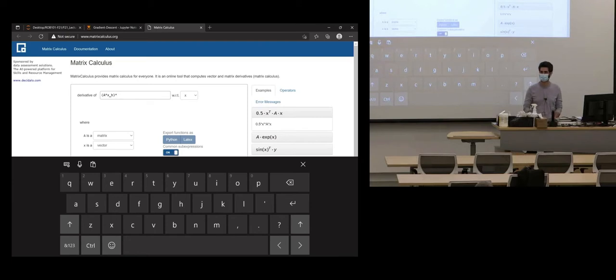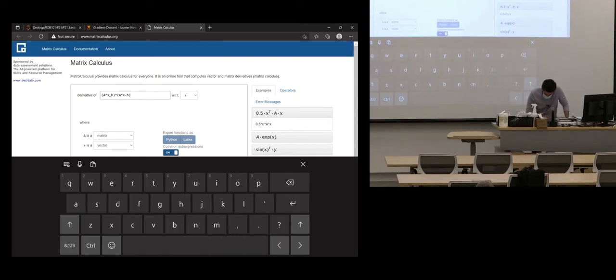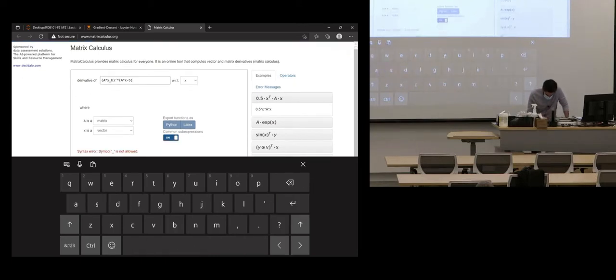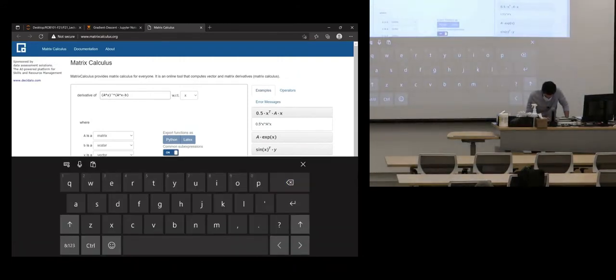Usually it works. If you like to be independent, find a website. All right, so for the first part, I need to add a transpose.